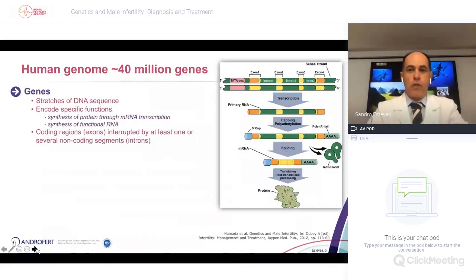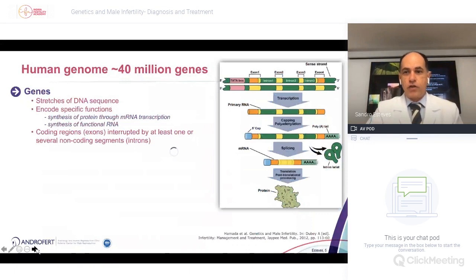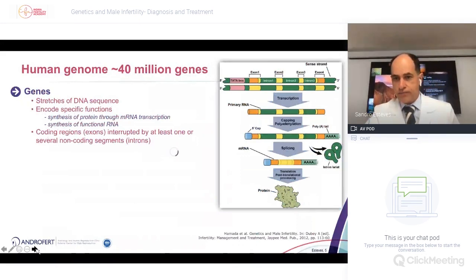How about genes? Well, the genes are inside the chromatin. The genes are stretches of the DNA sequence. They encode specific functions. As you can see in the picture, there is a synthesis of proteins through messenger RNA transcription, and then we have synthesis of functional RNA. These coding regions we call exons. They are interrupted by at least one or several non-coding segments that we call introns.